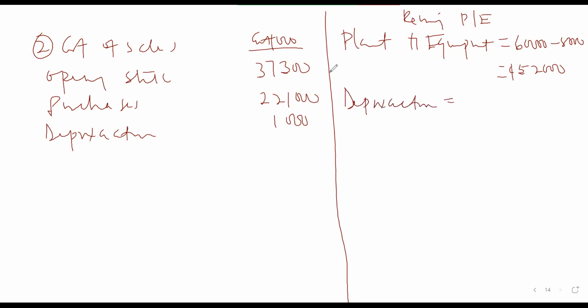The depreciation will be 25%, so 0.25 times 52,000. What are we getting? 13,000. Okay, this depreciation is for the old plant.